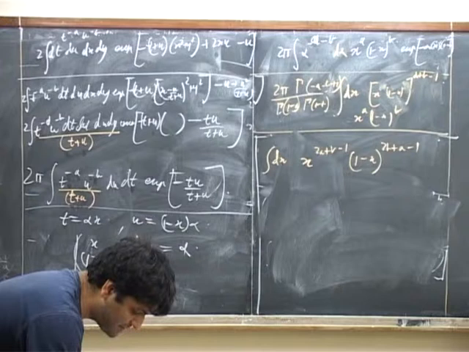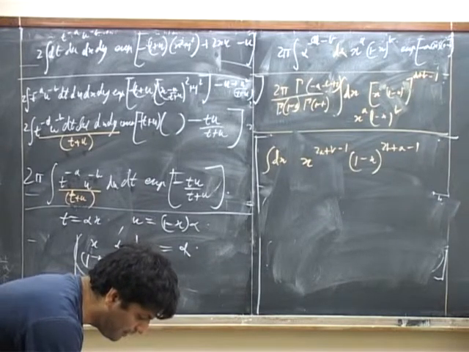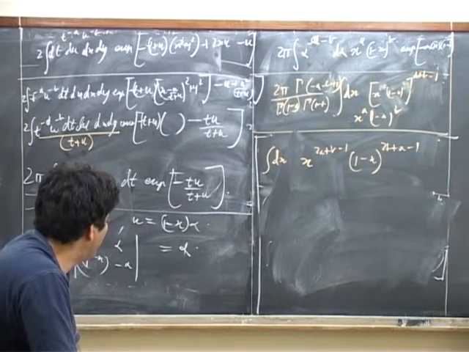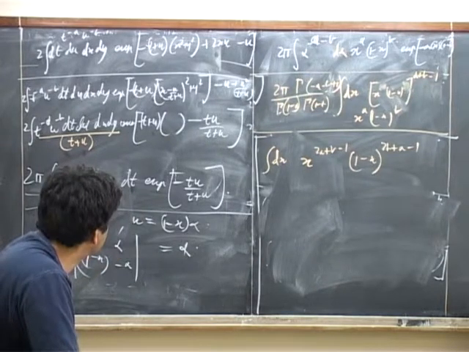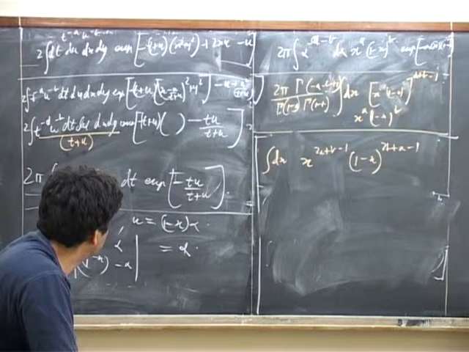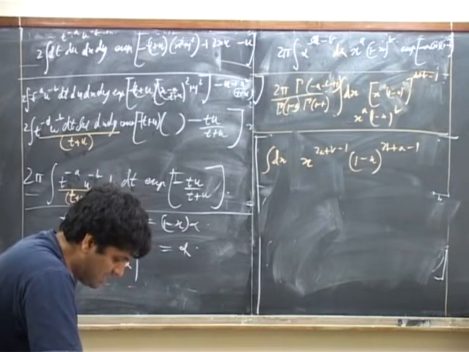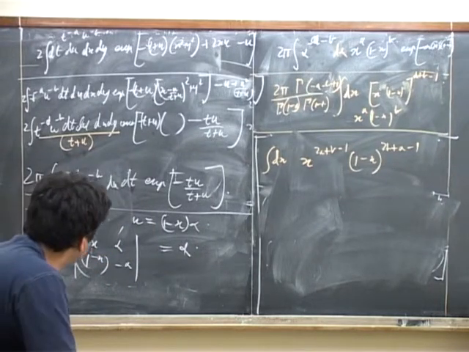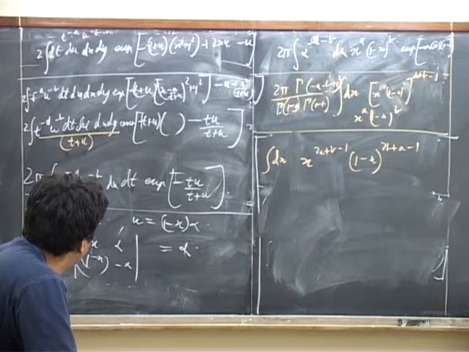Now, the next step is to use the formula for the beta function. Maybe it's okay.